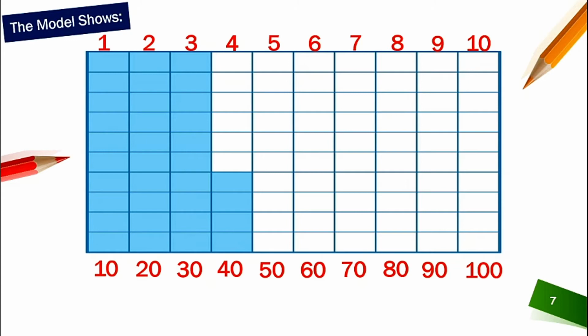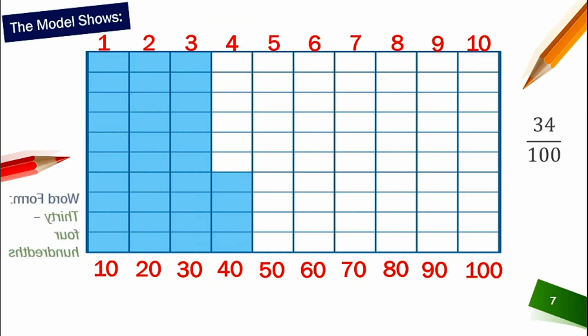Now, my next question is, how many small boxes were shaded? Together, let's count. We have here 10, 20, 30, and let's count 1, 2, 3, 4. So 34 small boxes were shaded. In fraction, it is 34 over 100.